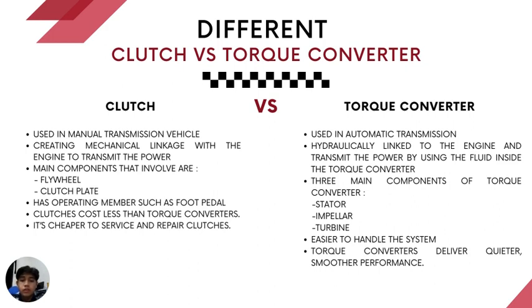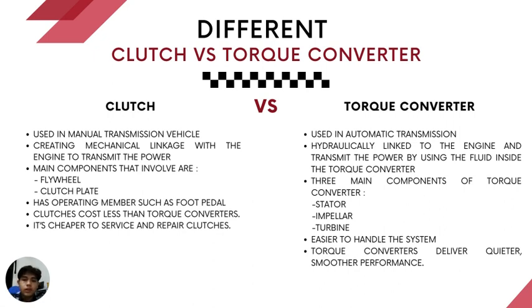However, there are three main components of the torque converter, which are the stator, impeller, and the turbine. All of these components will automatically help smooth the process of changing gear in the torque converter. So that's the difference between clutch and torque converter.